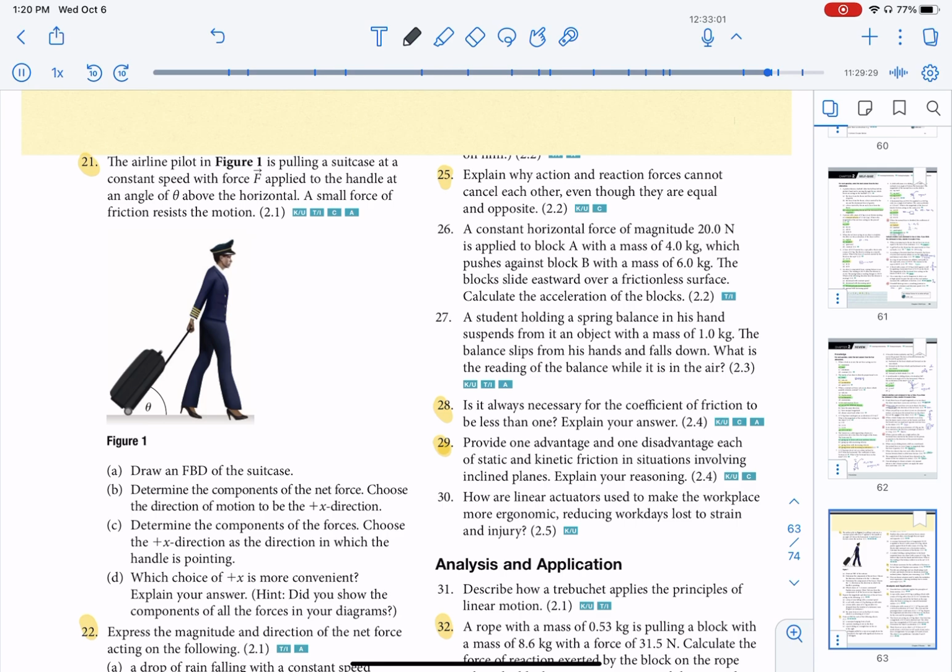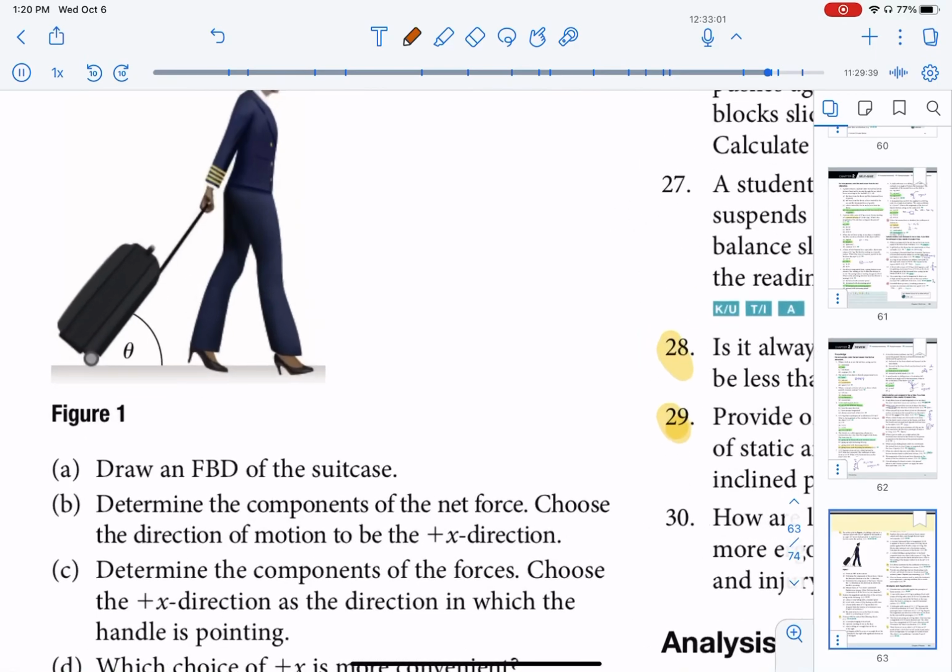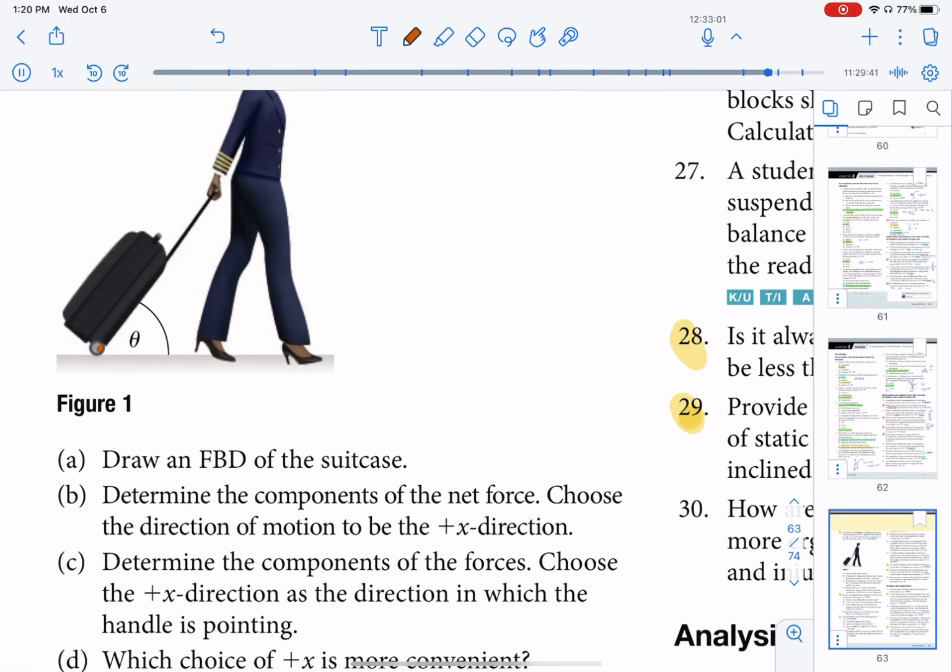You can see that we're accelerating in the X direction based on my diagram, so I know that my net force in the X direction is ma. Actually, I did that backwards.